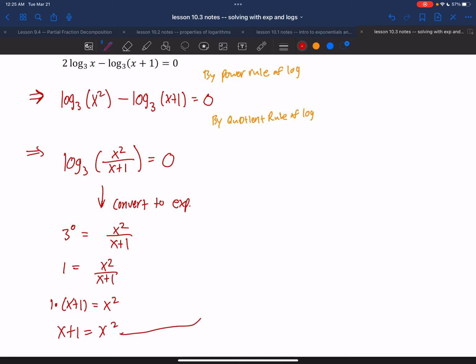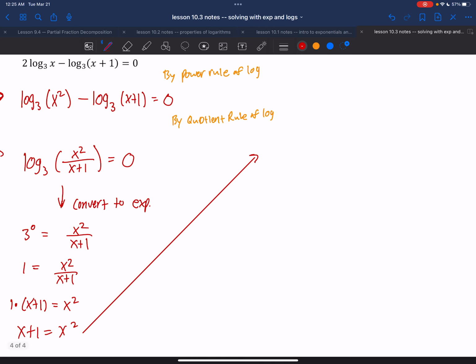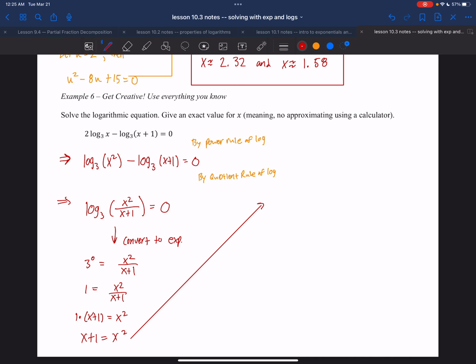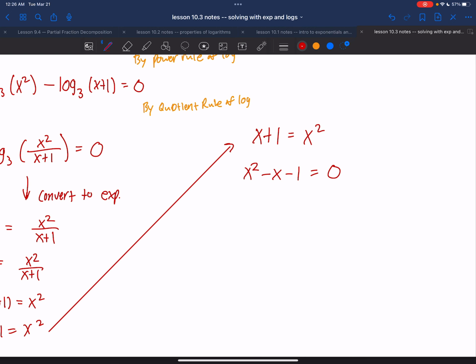Let's move this. Just move this over here. You say x plus 1 equals x squared. Subtract everything to one side. So x squared minus x minus 1 equals 0. Ask yourself, is that factorable? No, it's not factorable.